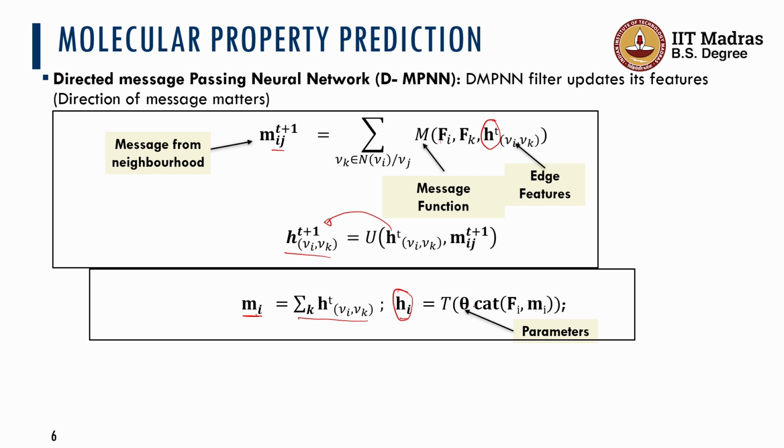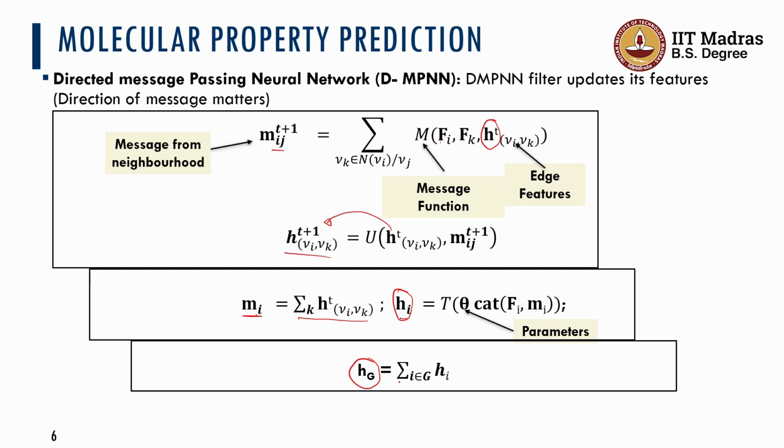And theta here is the parameters of interest. Once we have this Hi, by summing over all the nodes in G, we can construct the feature for graph G, which is the feature vector for the molecule.